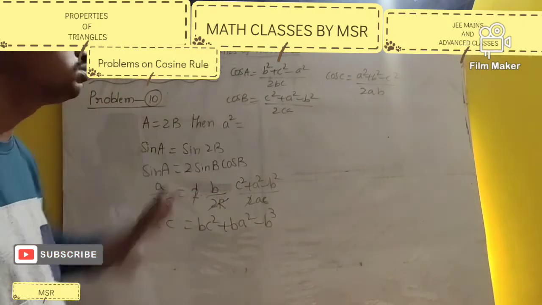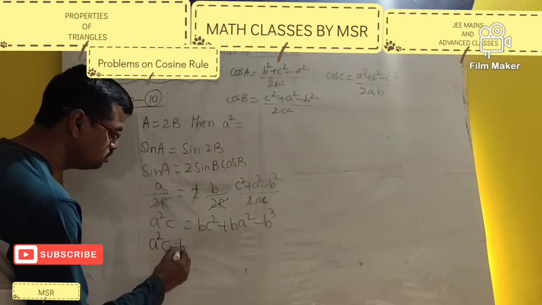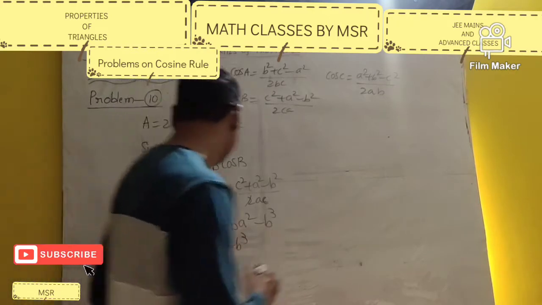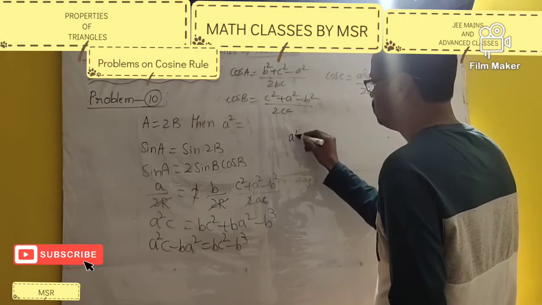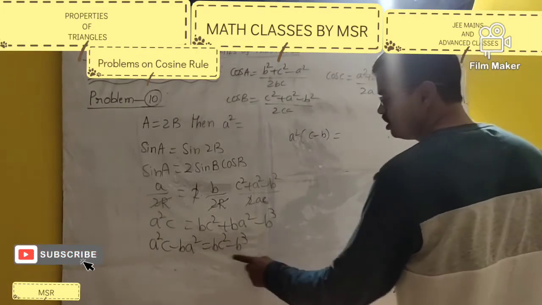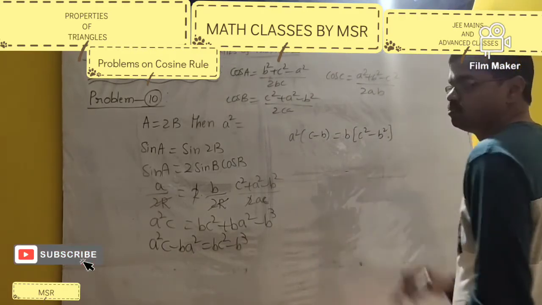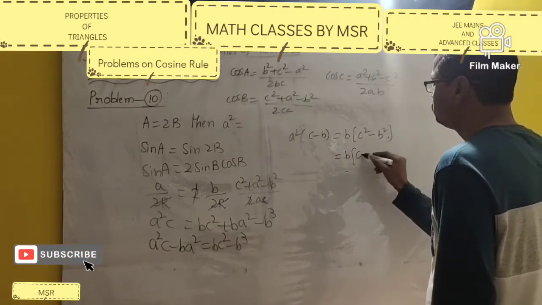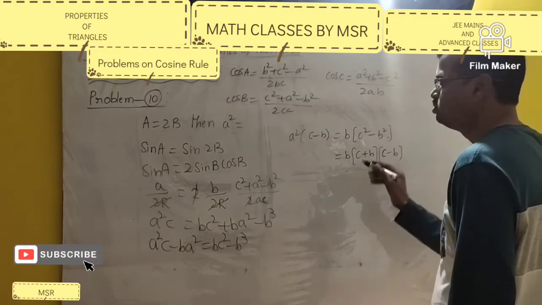We wanted the value of a square, so bring this a square term to the left hand side. A square c minus ba square equals bc square minus b cube. Take a square common: a square into (c minus b) equals b common, b into (c square minus b square), which is b into (c plus b)(c minus b), by the a square minus b square formula.